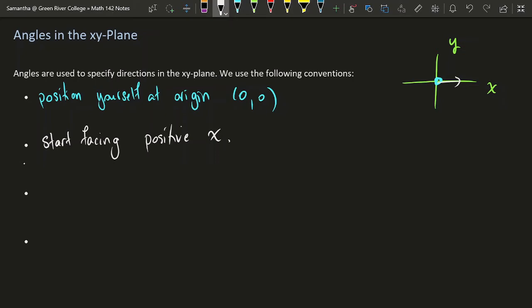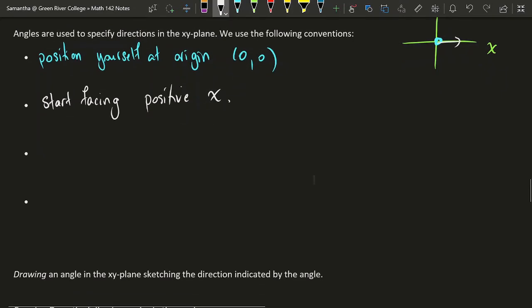Now someone comes to you and says, all right, here is an angle. Depending on whether the angle they tell you is positive or negative, you're going to turn a certain amount in a certain direction.